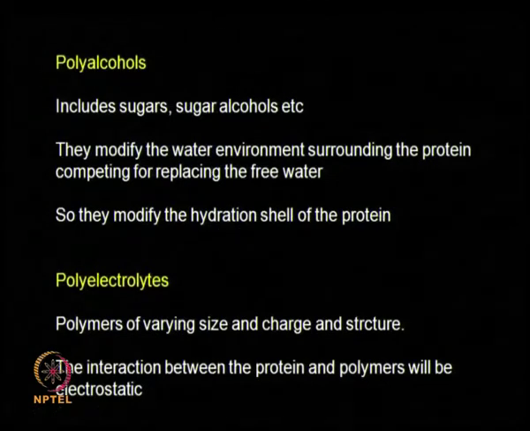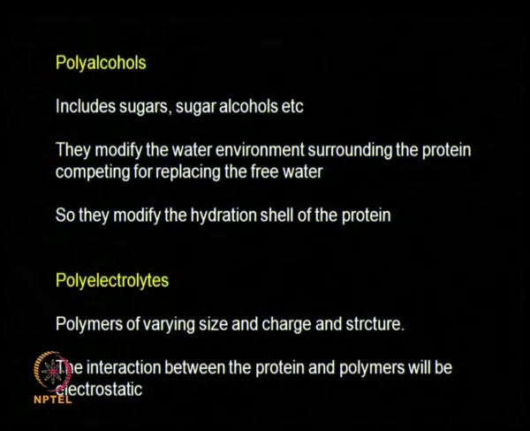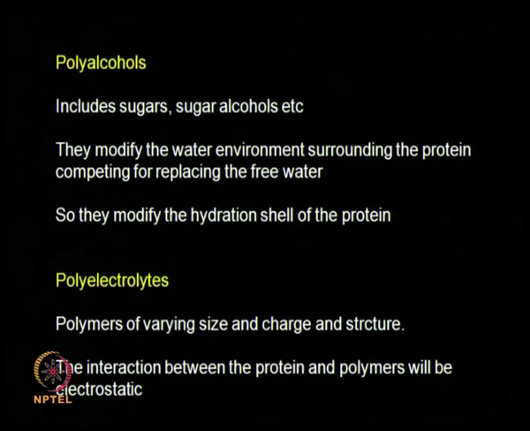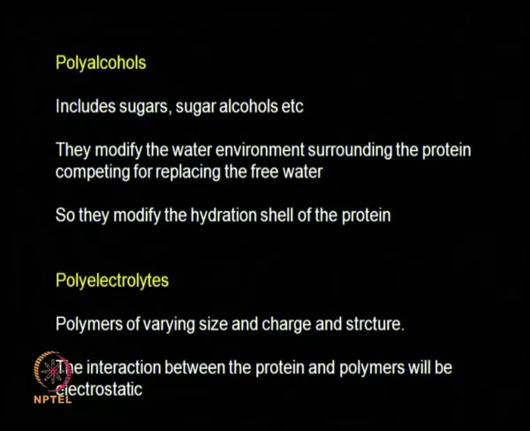Okay. So the polyols or polyalcohols include sugar alcohols, etc. So what do they do? Because they are highly hydrophilic or polar in nature, they modify the water environment surrounding the protein. That means the water that is present around the protein gets disturbed by the addition of polyols, so they replace or surround the protein and move the free water away from the protein.